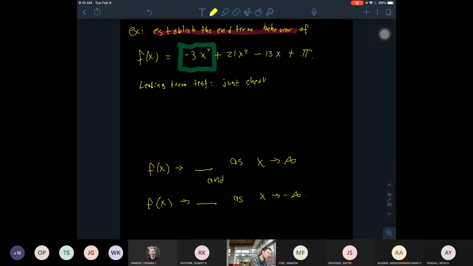Just check what happens to the leading term when x is really big or really big and negative.